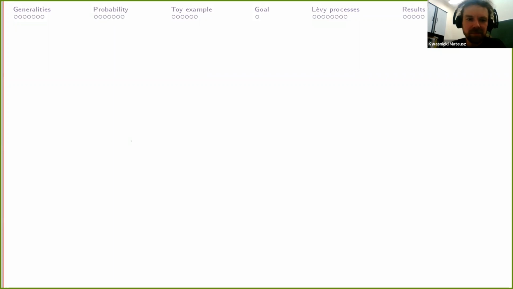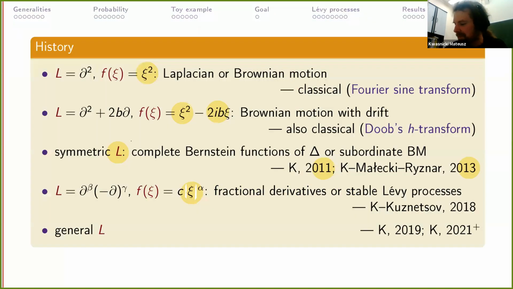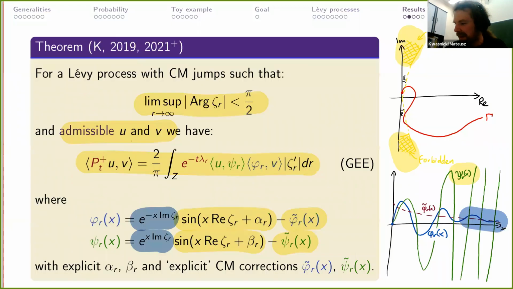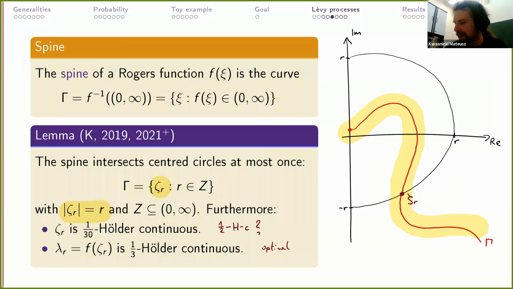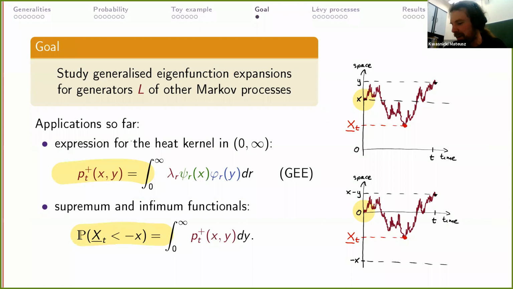May I ask a question? Maybe we need to somehow emphasize what the applications of those eigenfunctions are. I'm not sure if this was clear. Yes, I mentioned that my motivations are probabilistic.